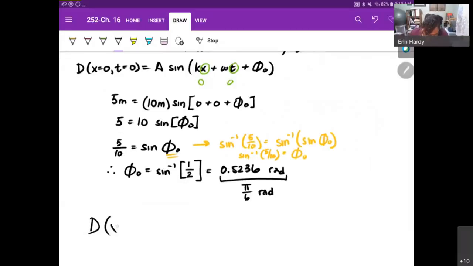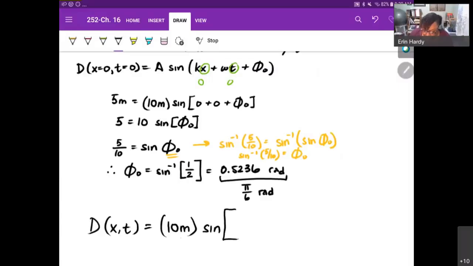So d as a function of x and t is going to be capital A. We determined that that's 10 meters, and I'm going to use a lot of redundant parentheses just so that we can keep everything separate. So the units need to be here. 10 meters times the sine, and I'll use a square bracket for that entire expression inside the sine.